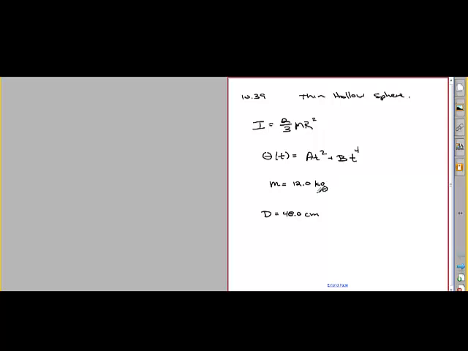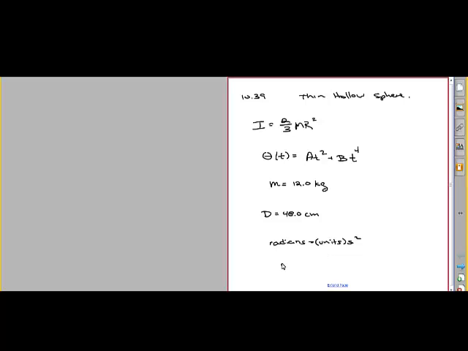Okay, the first one is, what are the units for the constants A and B? Well, all you have to do is think about the units. The units for theta are radians, and the units for t are seconds.